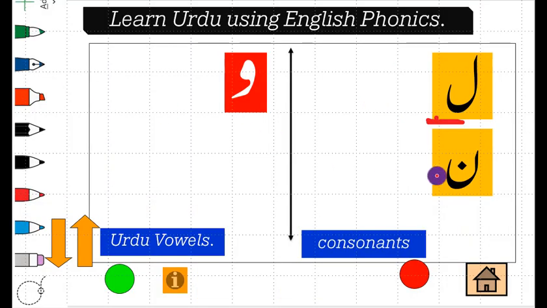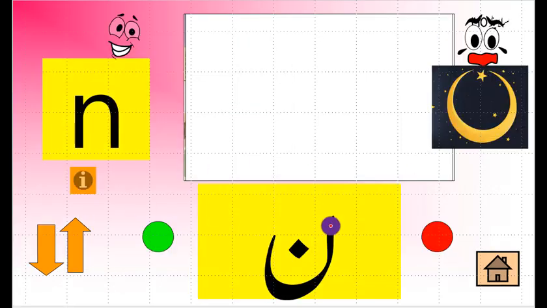Let's move on. This is the second consonant for today. Let's go to the bigger screen. Now this is my second consonant, an Urdu alphabet letter. How do we write it? We start from here and go over there, make a circle like this, a round, go over there and put a dot inside.